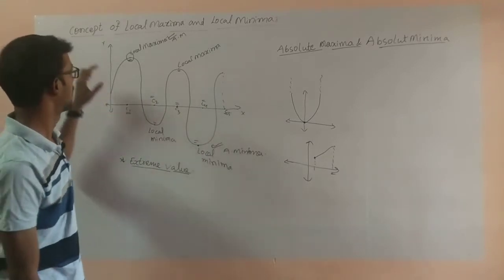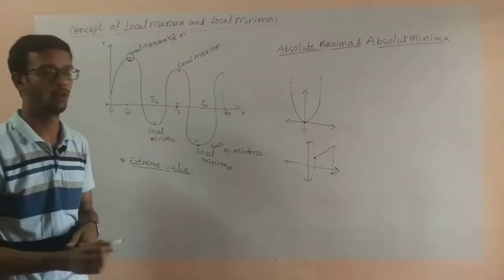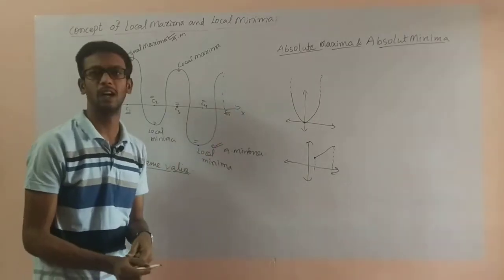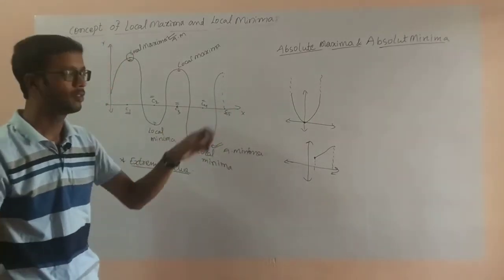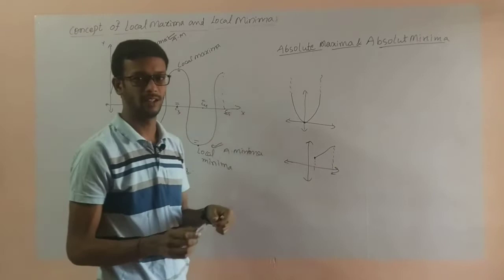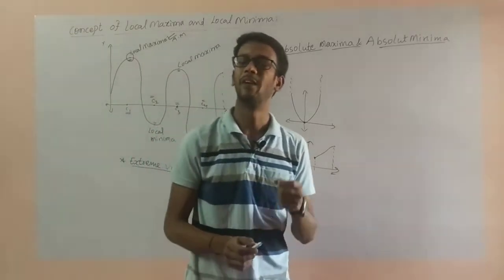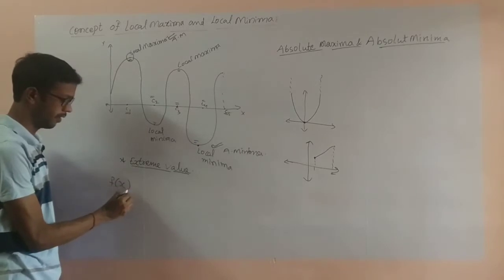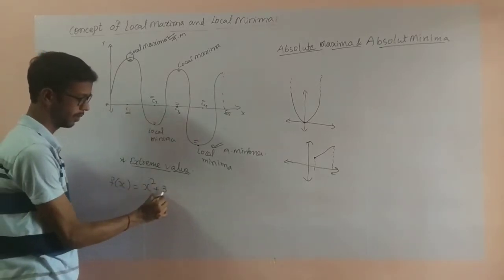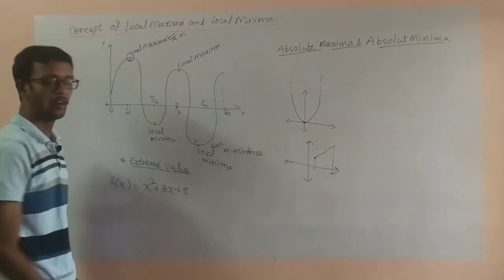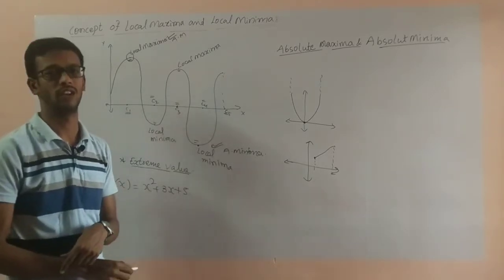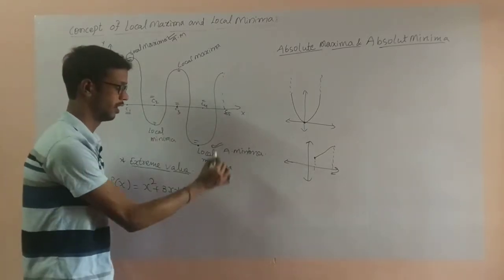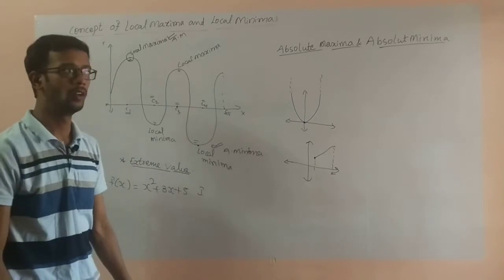So this is the concept of local maxima and local minima, absolute maxima and absolute minima. By the graphs we are finding the maxima and minima values easily, but for every function, one example I will give: f of x is equal to x square plus 3x plus 5. What is the maximum value of this function in a particular interval? They will give a real number interval.